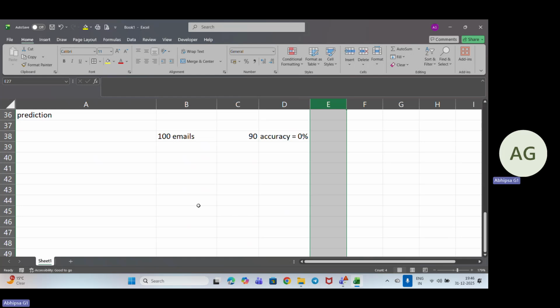Okay. Now we have initially understood the types of classification, binary classification and multi-class classification. So now we need to have a closer idea about how they actually work. Okay, binary versus multi-class classification.